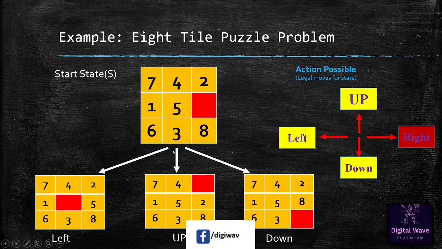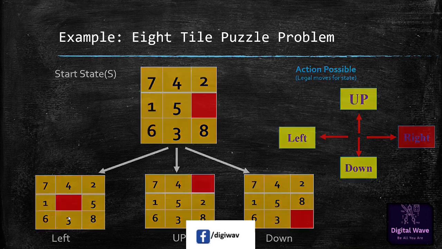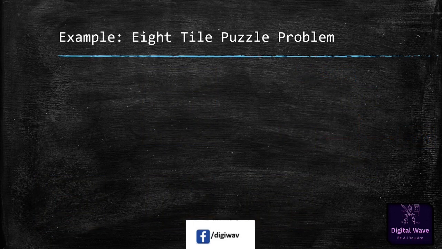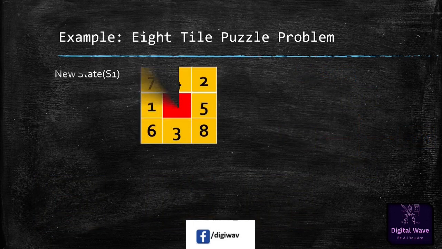So from these three options we have to choose one option. Okay, so we will keep this left option, and we will solve this particular 8-tile puzzle with this left option.